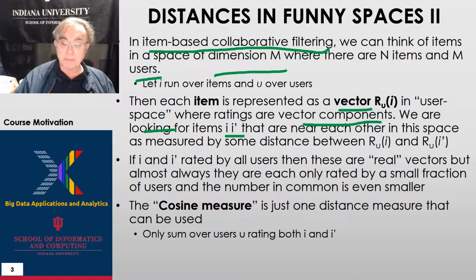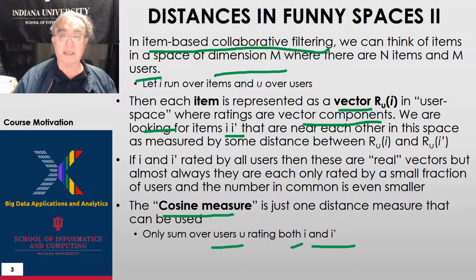And then, again, we use what is a so-called cosine measure, where we only sum over users, which are the components of the vector, who rate both the two things we're comparing. So again, these are an example of a funny distance.